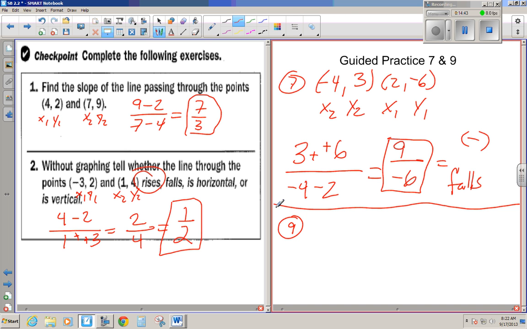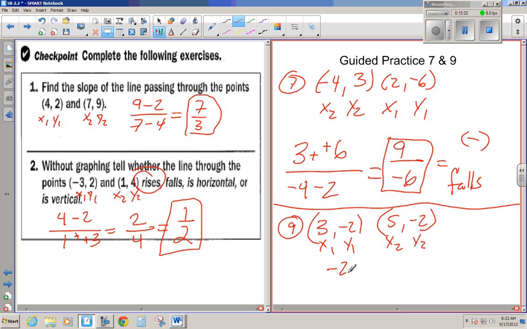Number 9. (3, negative 2) and (5, negative 2). Let's work it out. Let's say this time x1, y1, x2, y2.